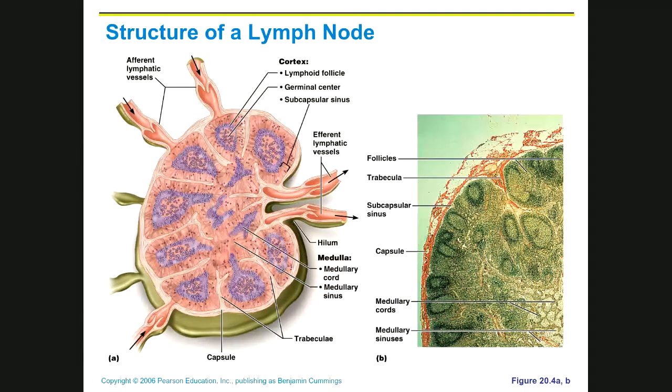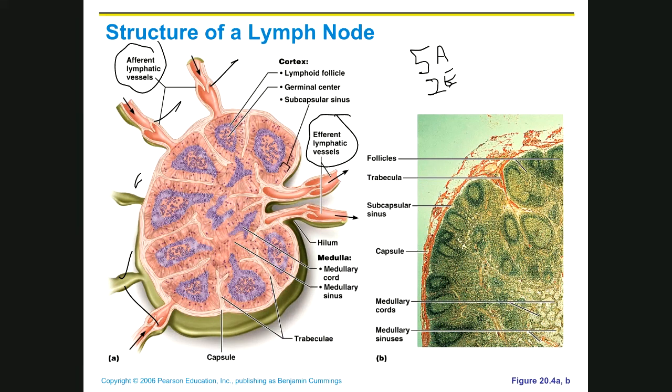So if you look at the lymph node, this is what it looks like. Look at the afferent versus the efferent. There are more afferents than there are efferents. We've got 1, 2, 3, 4, 5 afferents and 1, 2 efferents.